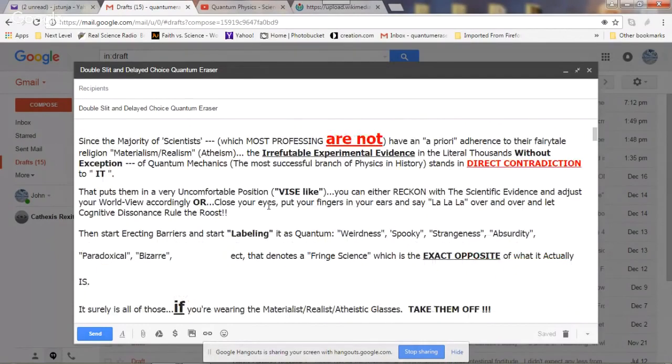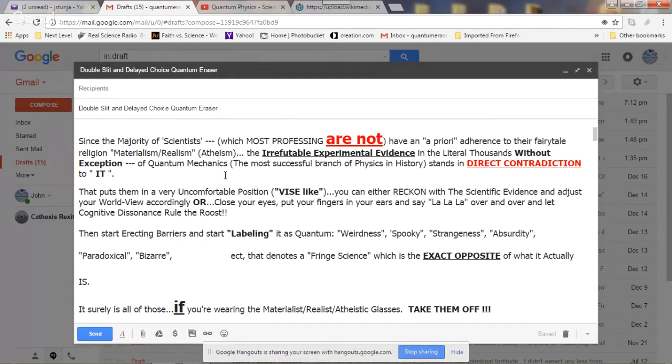Since the majority of scientists, which most professing are not, have an a priori adherence to their fairy tale religion, material realism and atheism, the irrefutable experimental evidence in the literal thousands, without exception, of quantum mechanics, the most successful branch of physics in history, stands in direct contradiction to it.